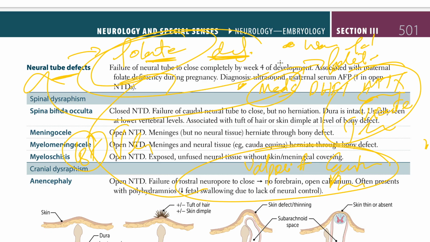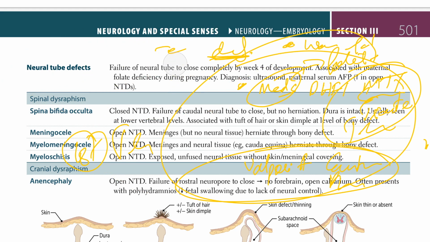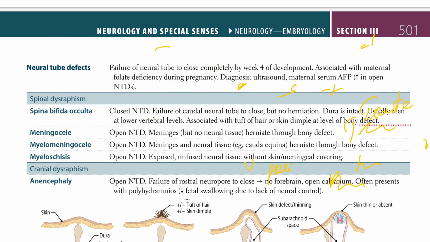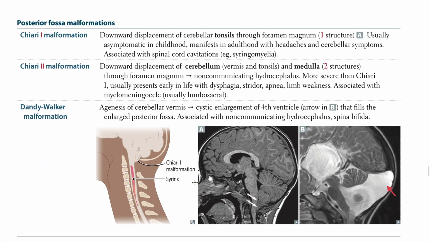So anything which causes folate deficiency, especially in the first trimester with these drugs, causes neural tube defects. Just wanted to add that, and let's move on to the next topic, which is posterior fossa malformations.